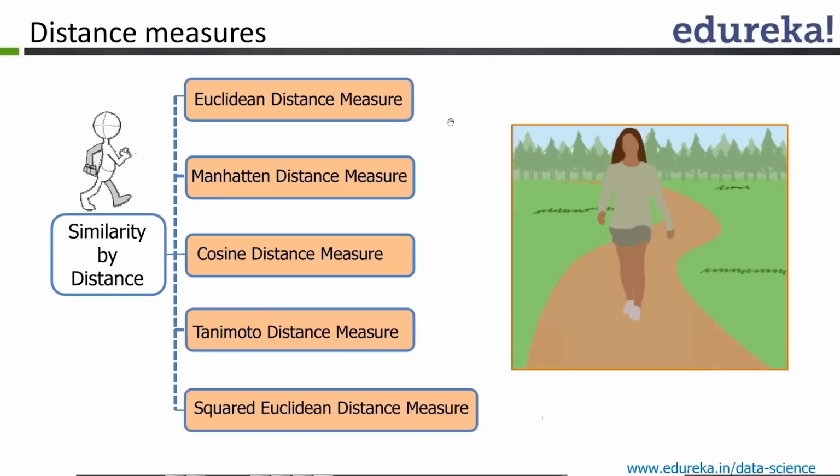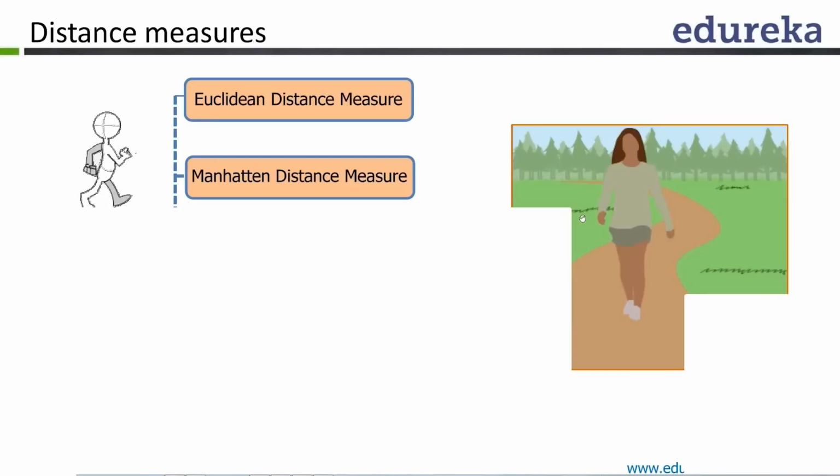Similarly, there is the Manhattan distance, also called block distance. We'll see what that is. And cosine distance, which is typically used in the context of document clustering. There are other measures like Tanimoto distance, squared Euclidean distance and many other flavors.